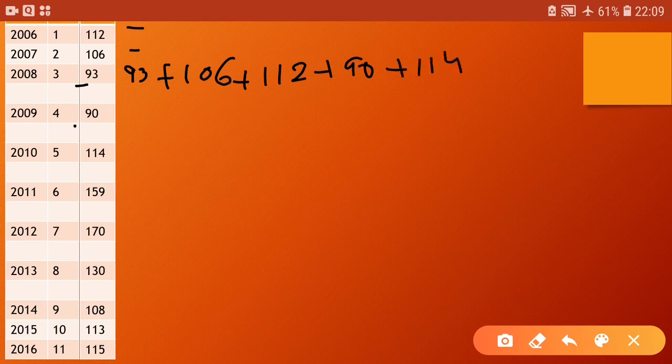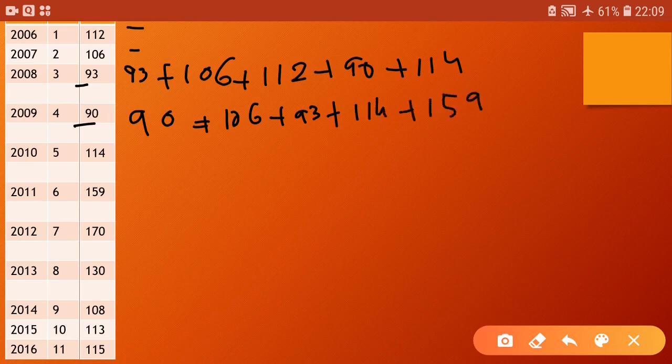Okay, in the next year I will take 90, then 2 up, 106 plus 93, then 2 down, 114 plus 159. Yes, it will be like this.